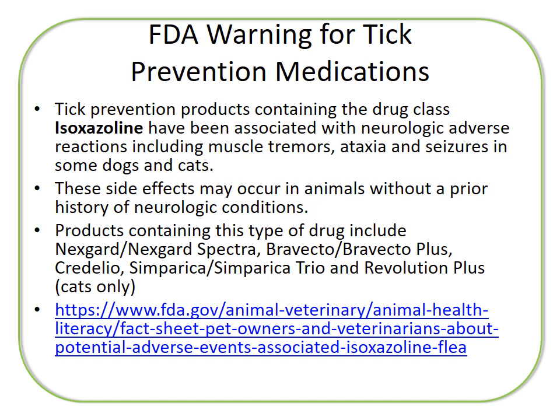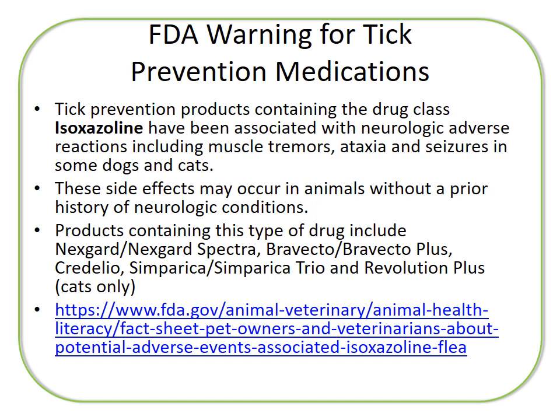Before I move on to the final 2 products in our prevention lineup for the season, I need to make sure that everyone is aware of the FDA warning for tick prevention medications. Tick prevention products containing the drug class isoxazoline have been associated with neurologic adverse reactions including muscle tremors, ataxia, and seizures in some dogs and cats.